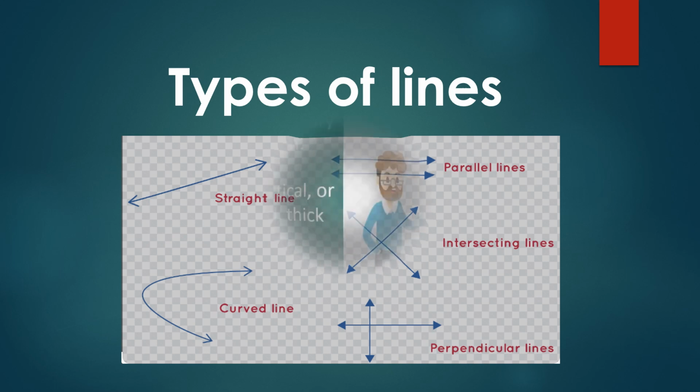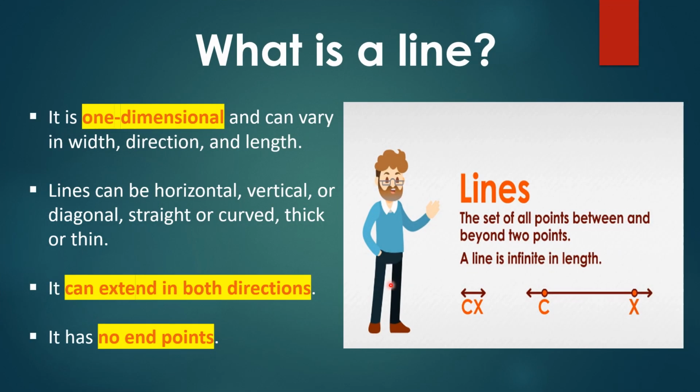Now let's talk about what is a line. So line is one-dimensional and can vary in width, direction, and length. Lines can be horizontal, vertical or diagonal, straight or curved, thick or thin. And as you can see, it can extend in both the directions and it has no endpoint.